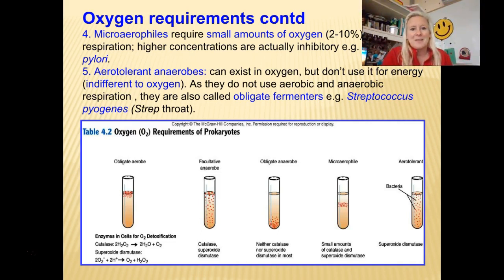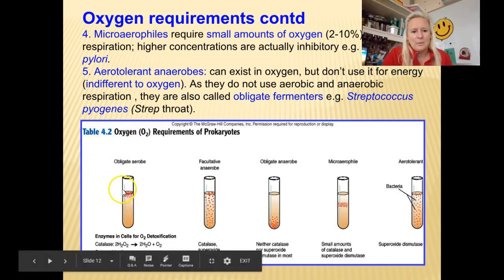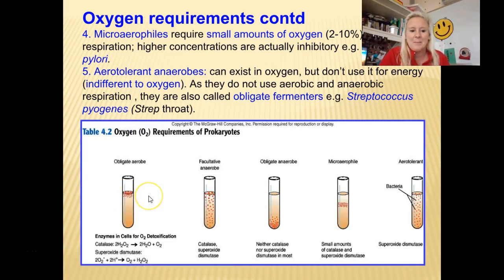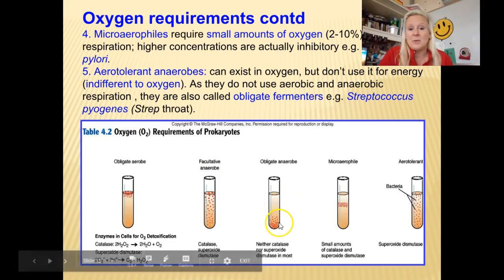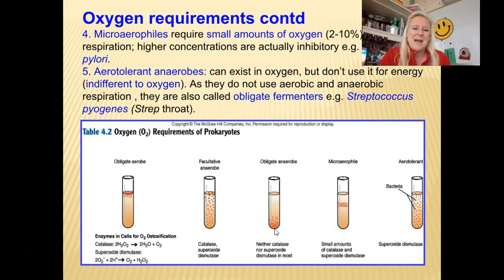So check it out. The obligate aerobe grows up here at the top. And you can see that there are actually some pretty large colonies up there. Now, the obligate anaerobe, hopefully you would expect to grow down towards the bottom of the tube. Not as much oxygen down there, right?